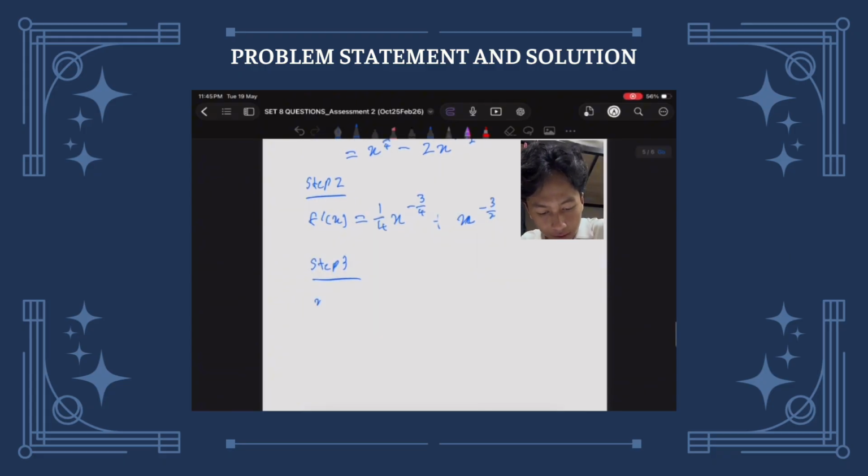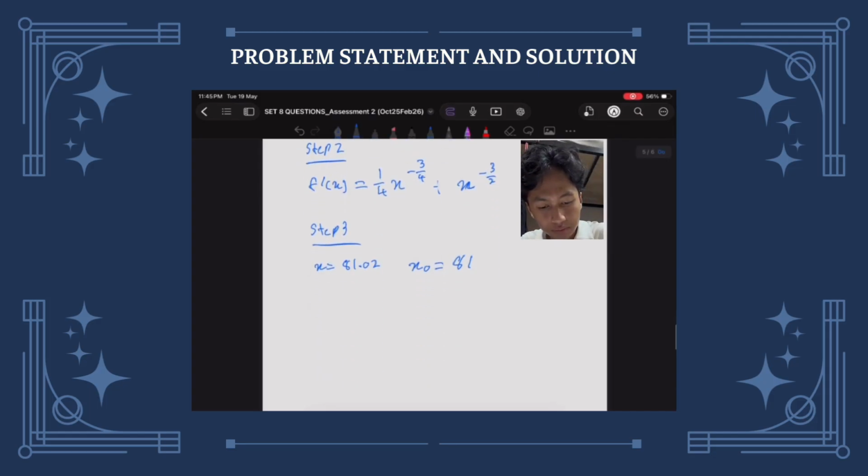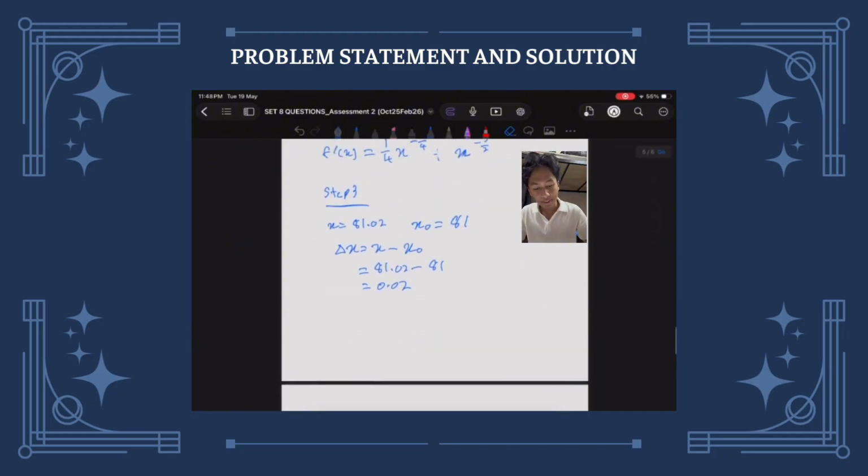So x equals 81.02 and x0 equals 81, and then delta x equals x minus x0, so equals 81.02 minus 81, and we get 0.02. Let's move on to step 4.